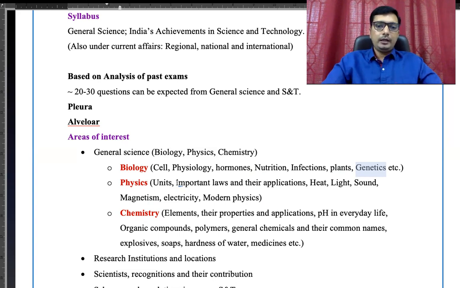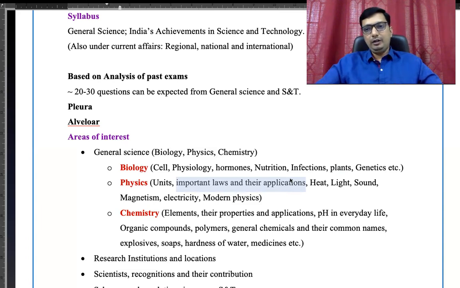And important laws and their applications in physics. For a given area, let's say surface tension, or pressure, a very well known principle is Pascal's law. Pascal's law is connected to which of the following? Or they can ask about an application and say the application is based on which of the following laws.